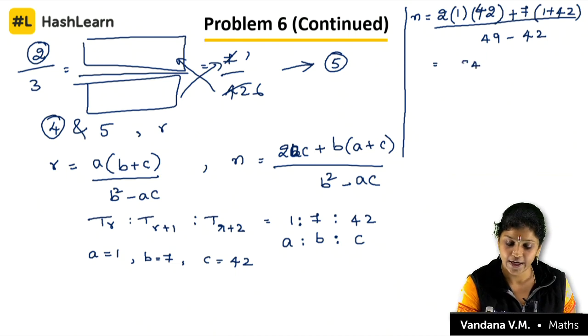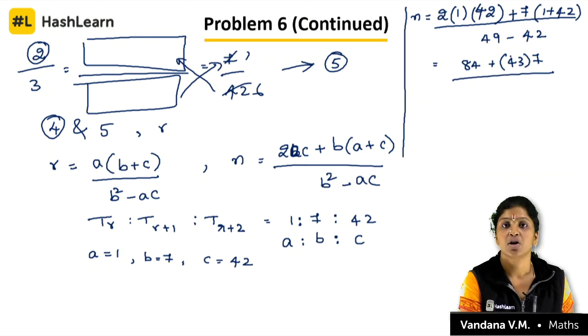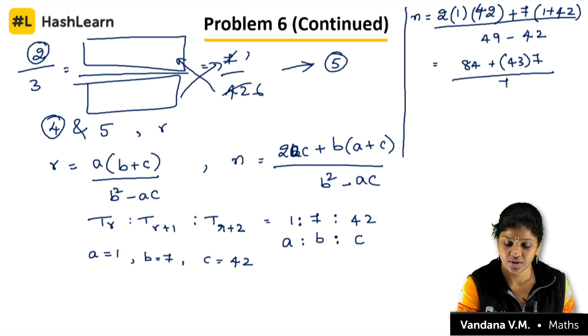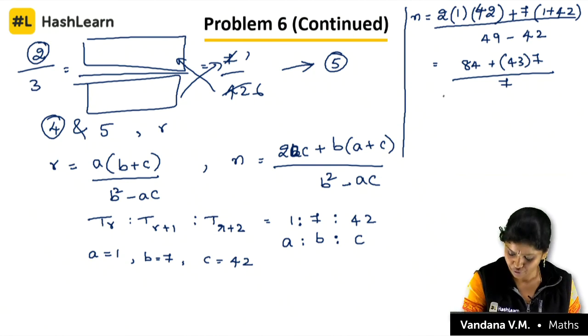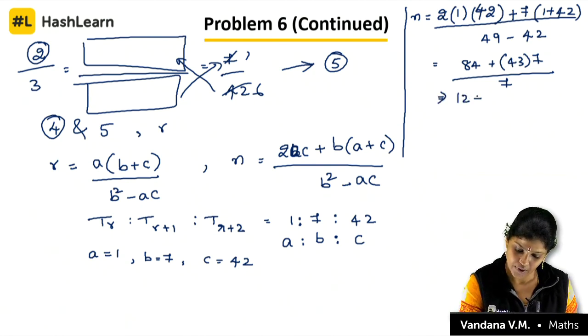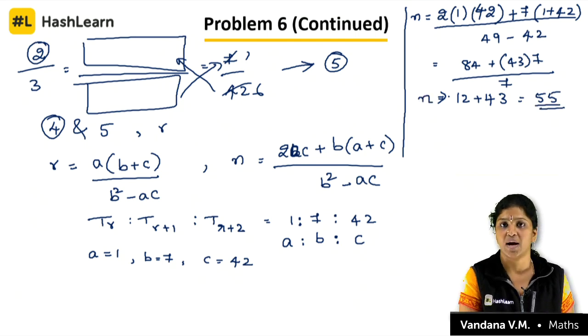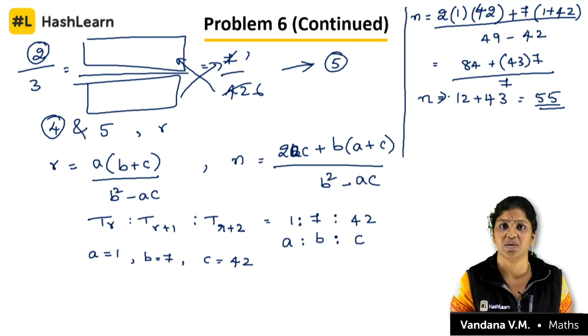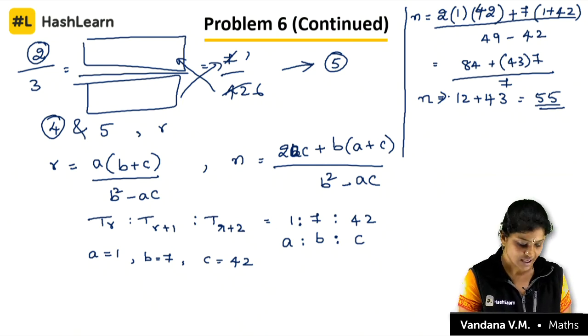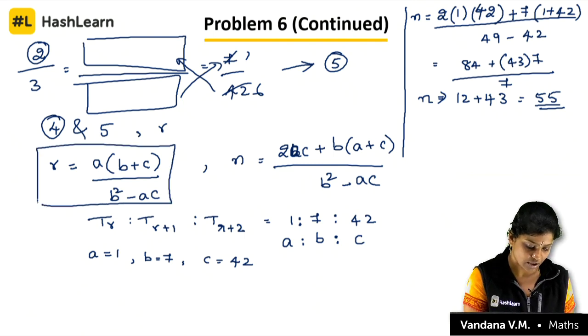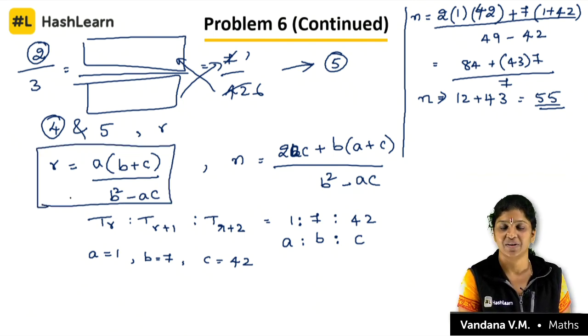So 84 plus 43 into 7, then 49 minus 42, it is 7. If you solve this, take out 7 and cancel it, you will get 12 plus 43, that is 55. You will get the n value as 55. So within 30 seconds we are able to find out the n value, isn't it? If they ask for r, you just substitute in this formula, we will get the r value, right?